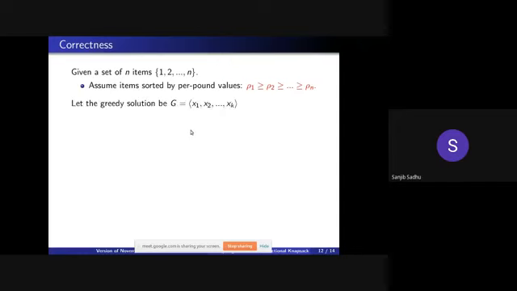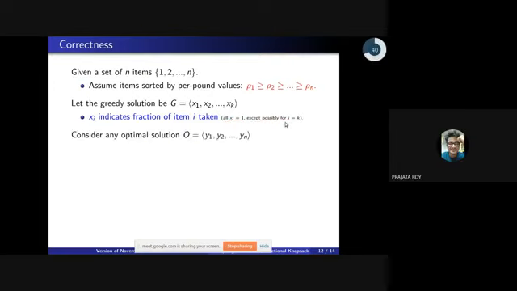Let the greedy solution be x1, x2, x3, up to xk. After k it is 0, meaning I am not taking any other object. The xi indicates the fraction of item i taken. All xi are 1 except possibly for i equal to k.